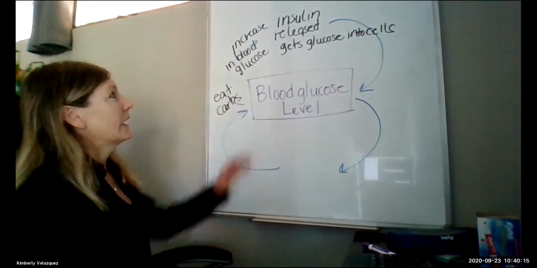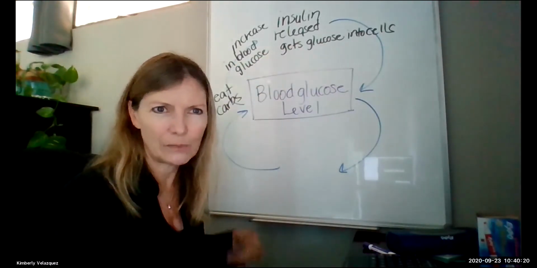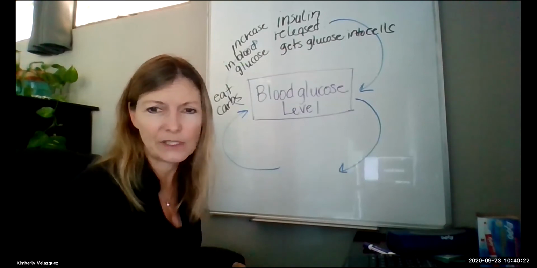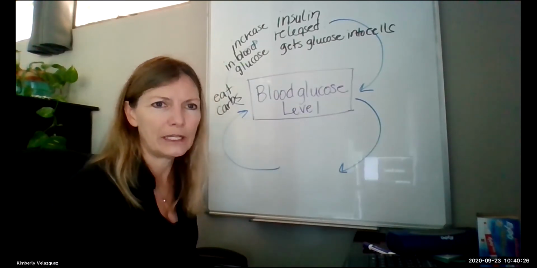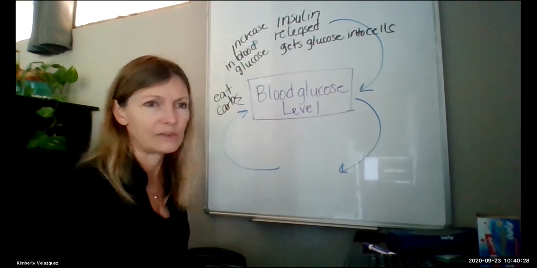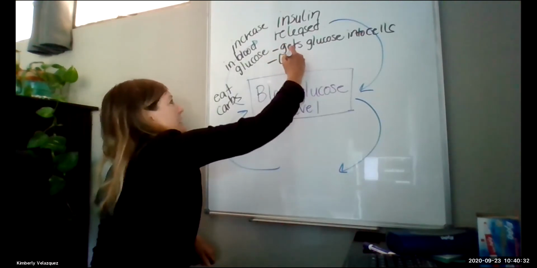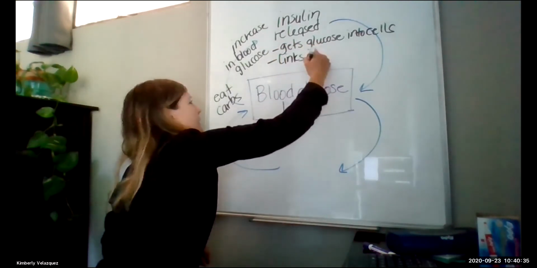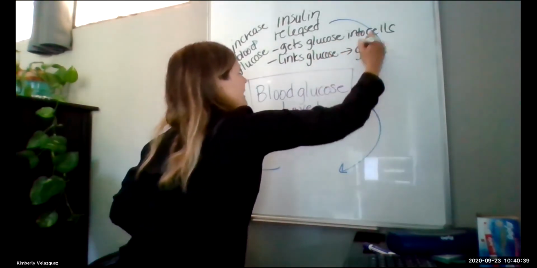Okay, we've got to get that glucose out of the bloodstream. We need it in our cells to make ATP. So we're going to get some of it into our cells, but most of the time we've eaten more glucose than we can get into our cells, and also we need to store a reserve. So the other thing that insulin does is it links glucose together to form a chain of glucose called glycogen.